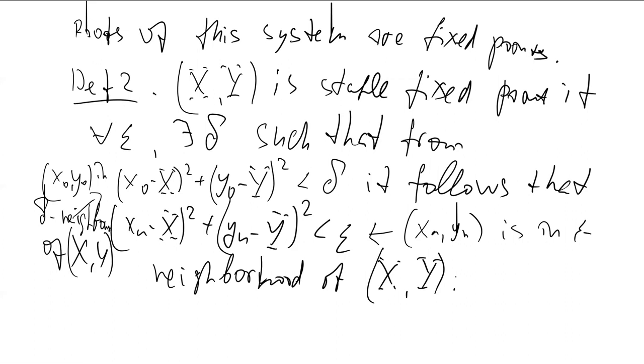So basically it means no divergence. If our orbit starts in a neighborhood of the fixed point X capital, Y capital, then it's always in its neighborhood, so it's not going away. This is also called neutral stability.